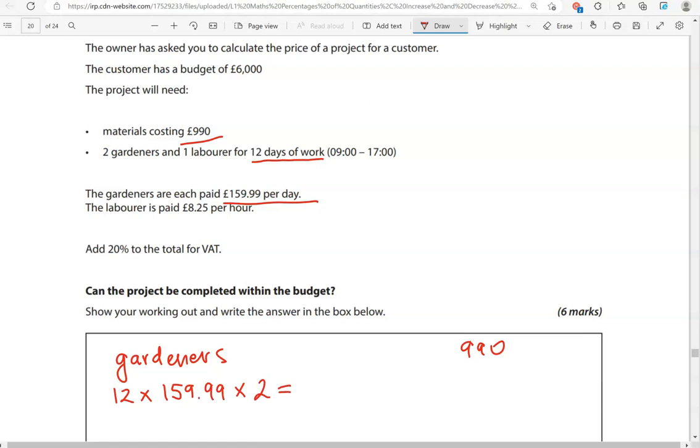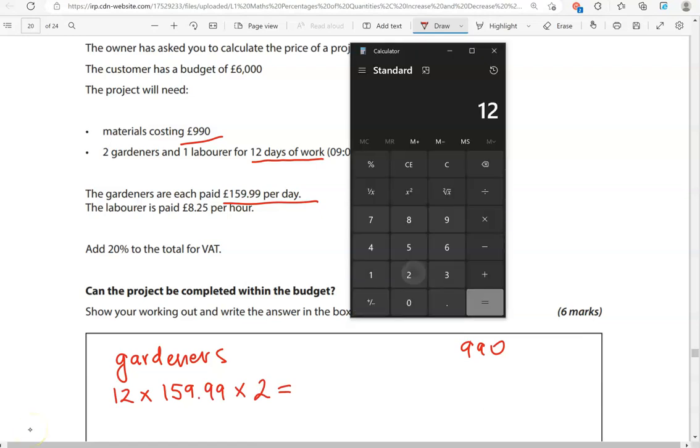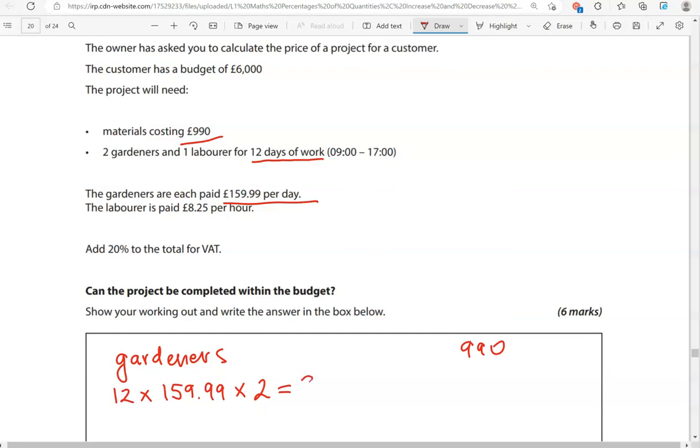So we'll multiply that by 2. So 12 times 159.99 times 2 gives us £3,839 and 76 pence.